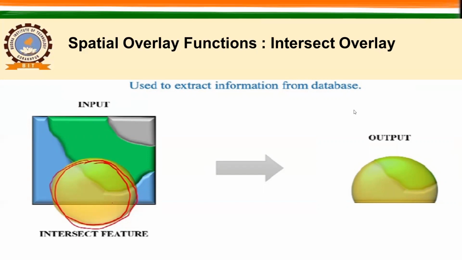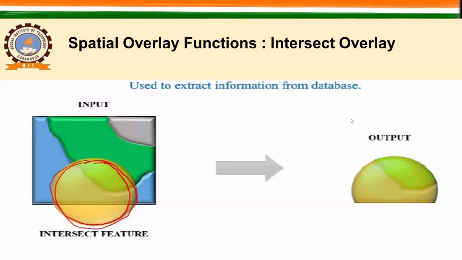You have purchased that land use, land cover map, and you want to perform some analysis only for your study area, which may be only 1 by 1 kilometer, but whatever you have purchased may be 1000 by 1000 kilometers. So for that 1 by 1 kilometer, you will make a mask, this intersect feature, and then you will run this and you will get only the classified land use, land cover map for this particular area.